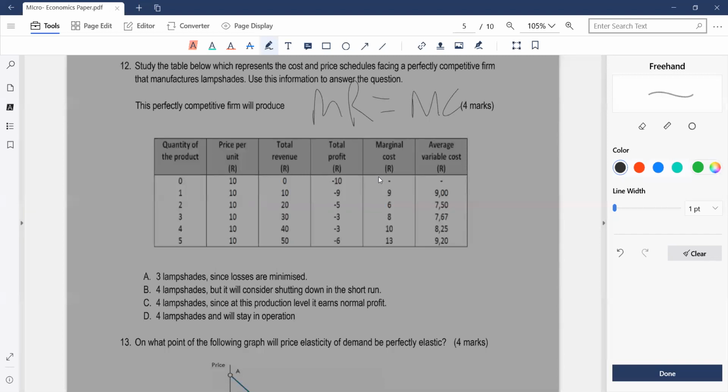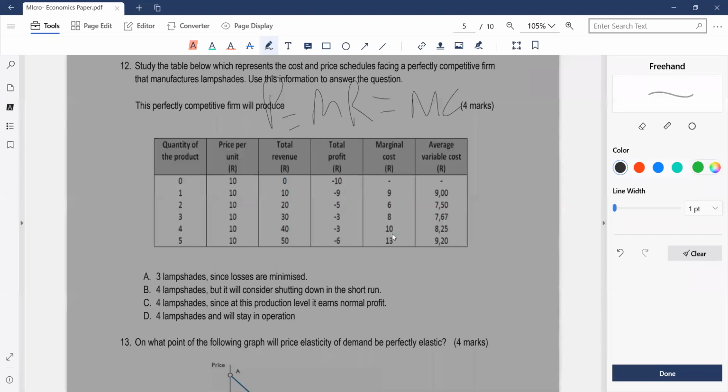And remember, if it's perfect competition, MR is equals to the price. So let's look at the quantity where price is equals to MR, where price is equals to MC. So price 10, we want where MC is equals to 10. There it is. That's where MR is equals to price.